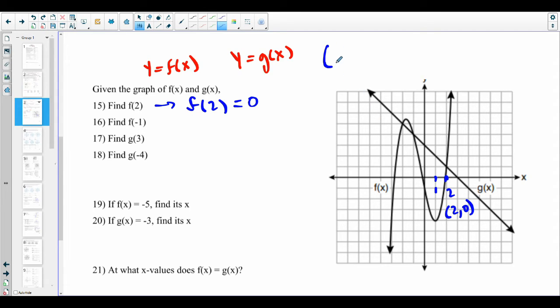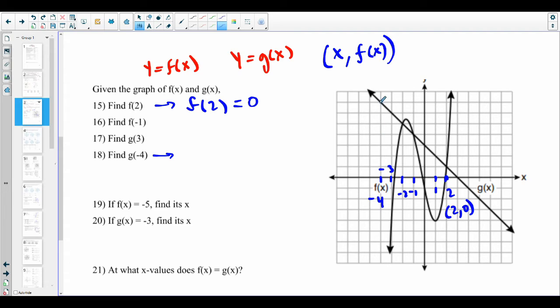Okay, so what we're doing is we're finding the x value, going to the x value, and then seeing what's the y coordinate, right? So g of 3, let's see. Or let's do g of negative 4. How about that? So we're going to go negative 1, negative 2, negative 3, and here's negative 4.